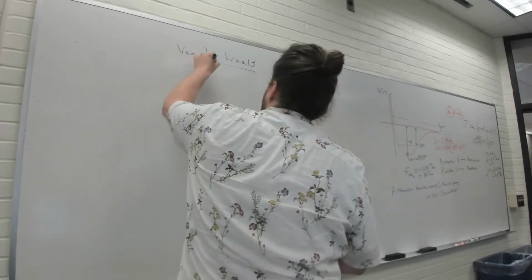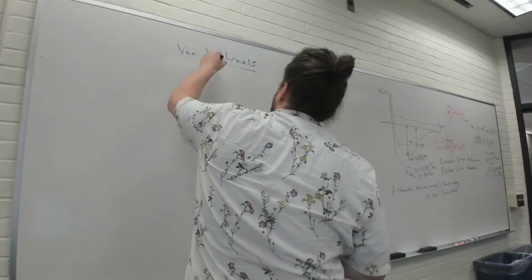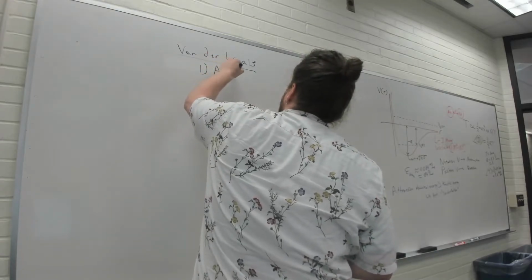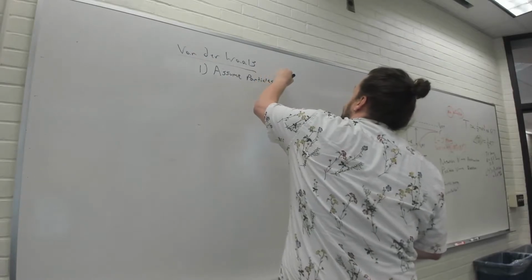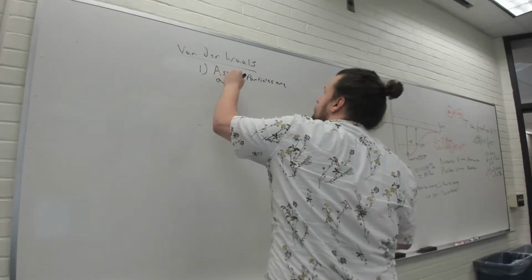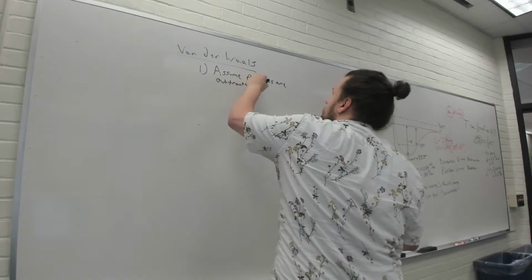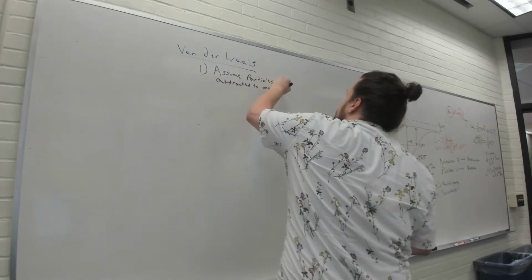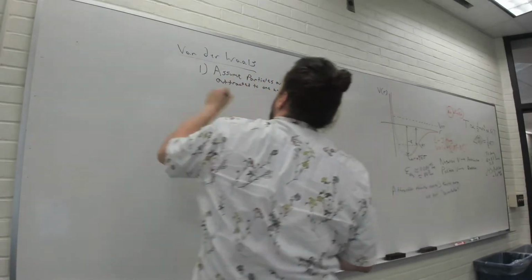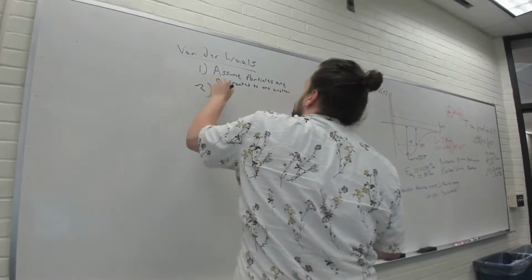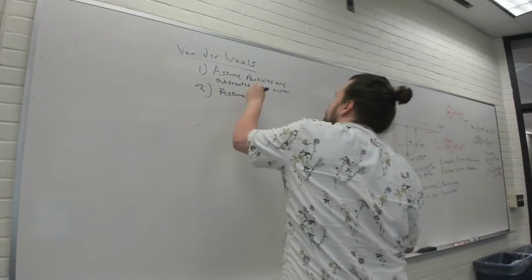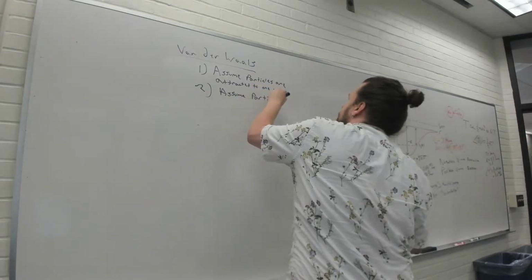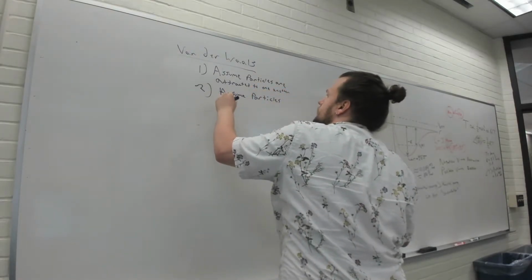One, just as we learned, assume particles are attracted to one another. And two, assume particles have a size, an average size. They're not points anymore. They have a physical shape.